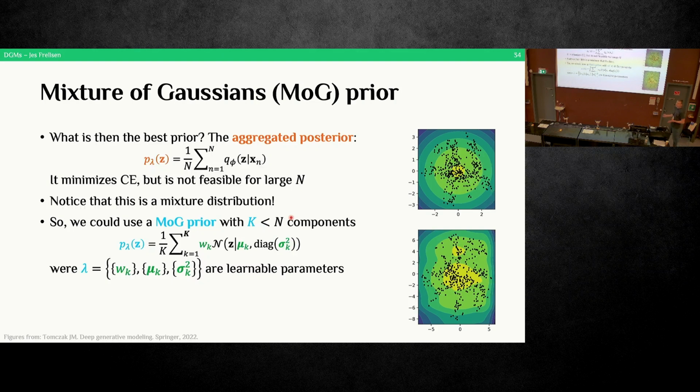For instance, if we think about MNIST, where we have 10 classes, we already know that there are 10 classes, so it could be a good idea to use a mixture prior with 10 different components, because then we could use it for unsupervised clustering of our data.